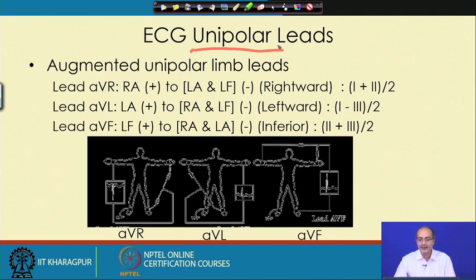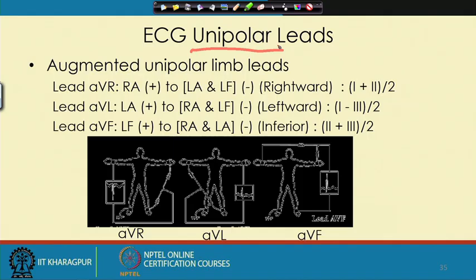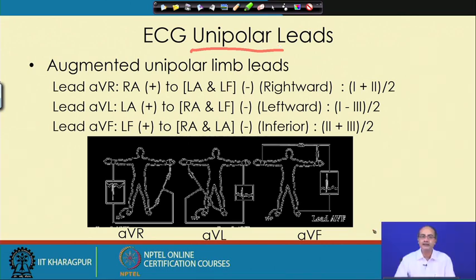Here the catch is that there is always a reference lead. However, the reference lead is not a simple lead, it is a composite lead. And how is that done? If we have multiple leads and we add them up, that can provide us a reference.